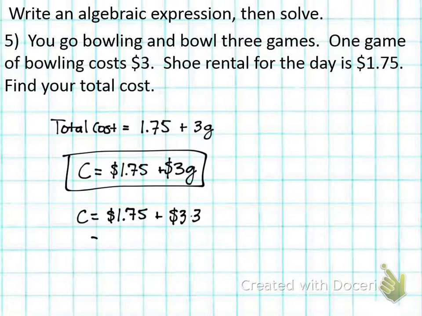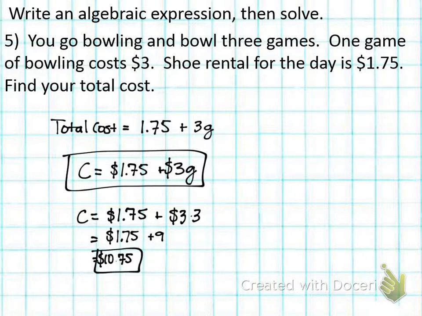We use PEMDAS, so we know 3 times 3 is 9. So we got $1.75 plus 9. So $1.75 plus 9 is equal to $10.75. That's it. That's how much the total cost is.